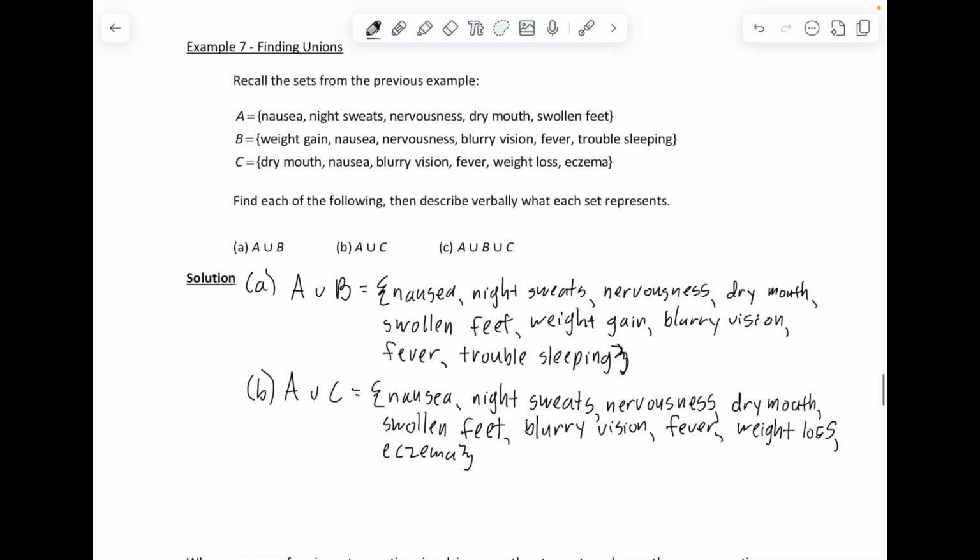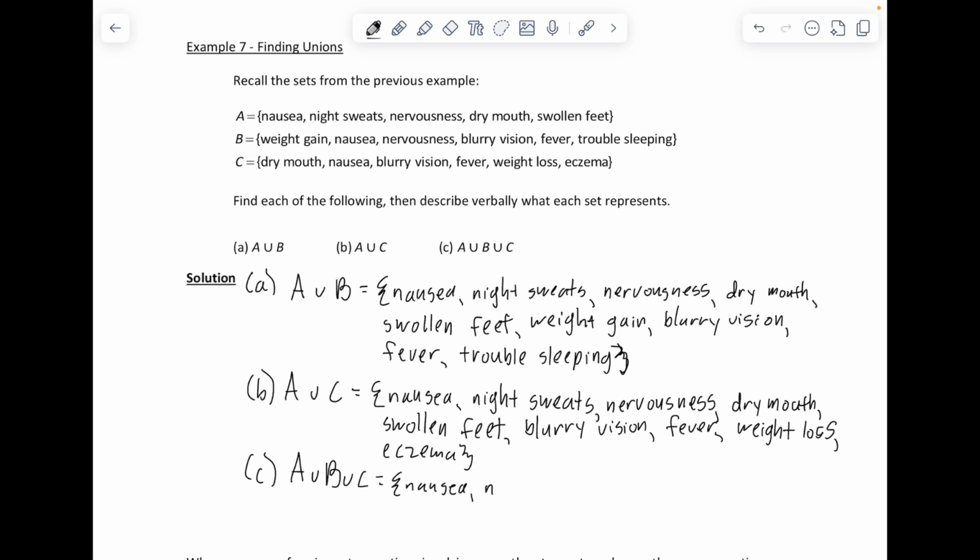A union B union C. Right. A union B union C. This is just a comprehensive list of all the side effects, right, caused by all three of the medications.